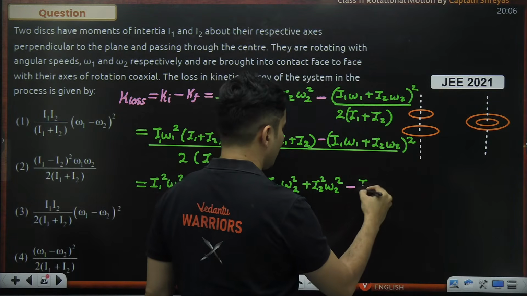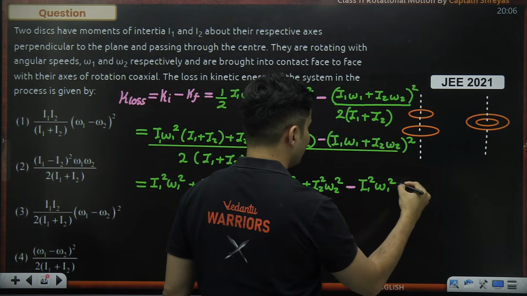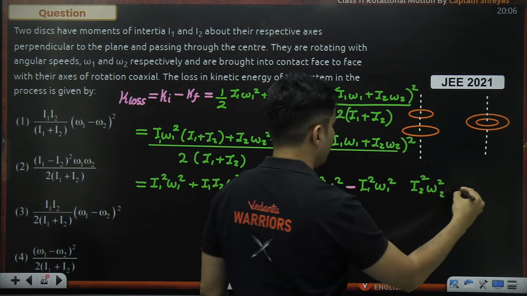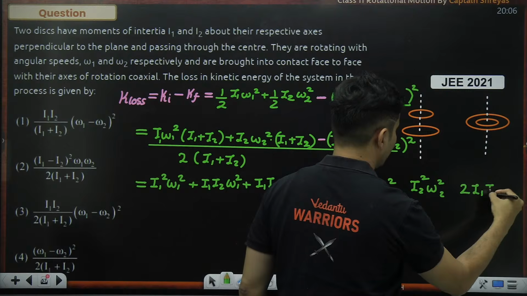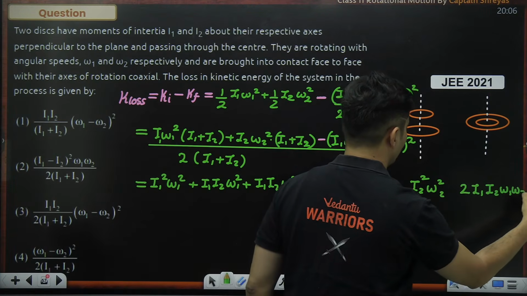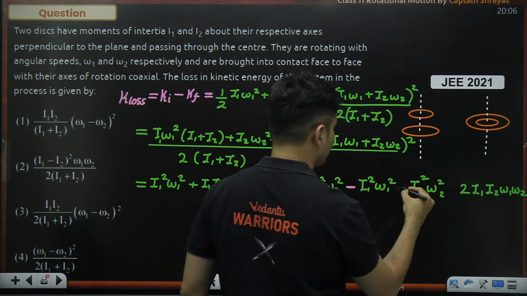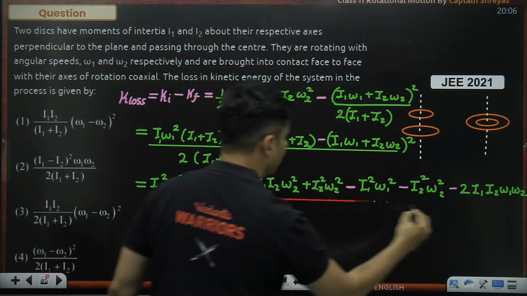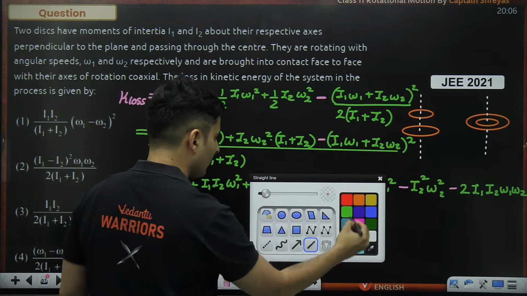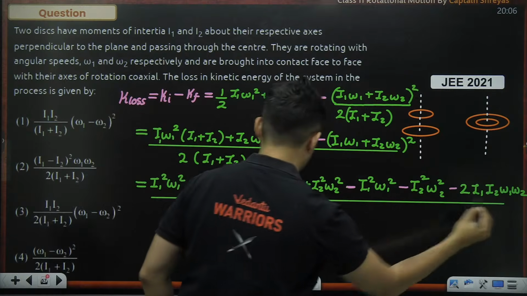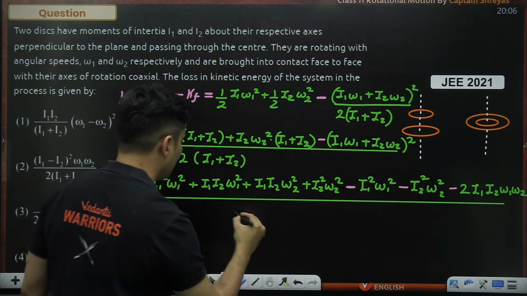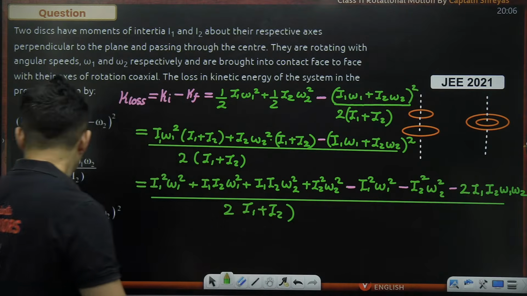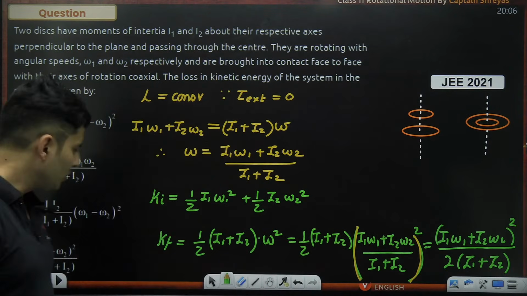So first will be minus I1 square omega 1 square, I2 square omega 2 square, and 2 times I1 I2 omega 1 omega 2. All these will be minus, and of course this big denominator with your 2 times of I1 plus I2. Okay, so that's how you should proceed with it.